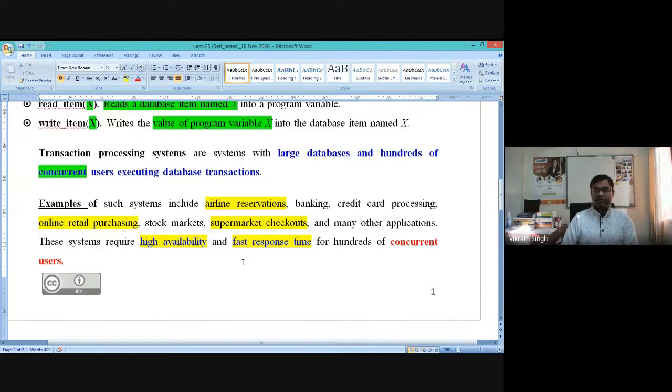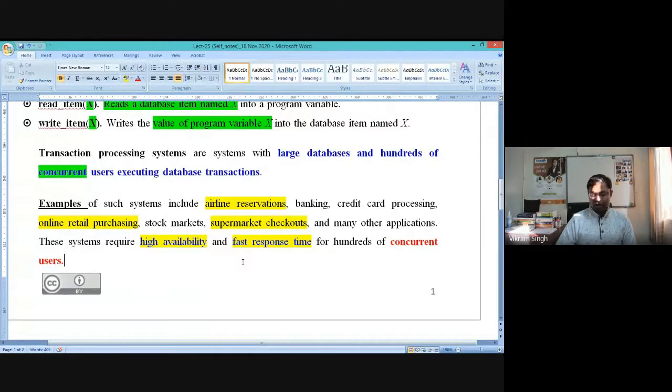Whenever we go to airline reservation or the IRCTC system, we expect that the system is available at any time of the day, any point of the year, 24/7. And whenever I access that system, it should be fast enough to respond to my operations, and that is for all of the users.